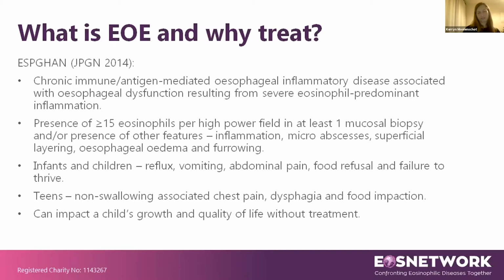In more plain terms, it's basically a disease that affects the food pipe or the esophagus. It results from people either eating food or being exposed to an allergen in the environment that results in eosinophils, which are a type of white blood cell, congregating in the esophagus, which then causes inflammation and results in the symptoms you see in EoE.